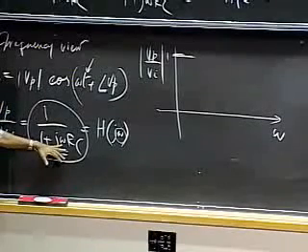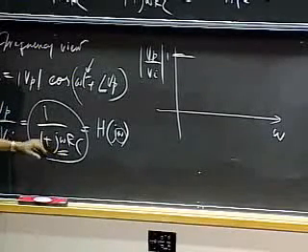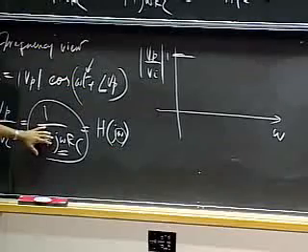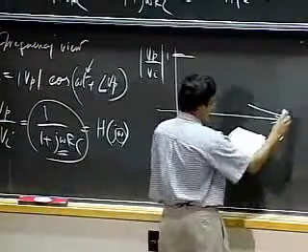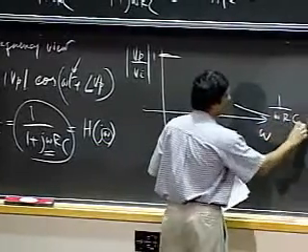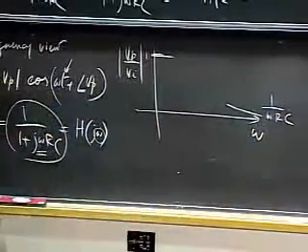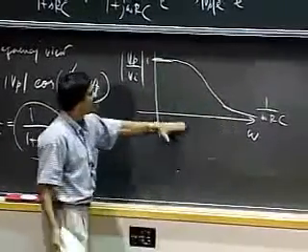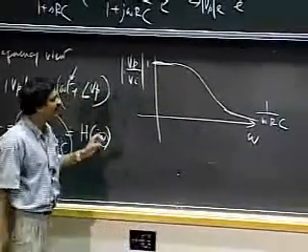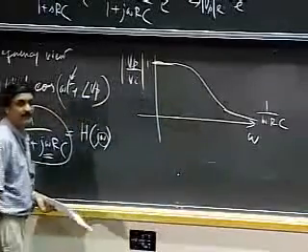When omega is very large, it is much bigger than 1 here, so this goes down. This one looks like 1 by omega RC. Assuming I have linear scales on my x and y axes, this function looks like this.